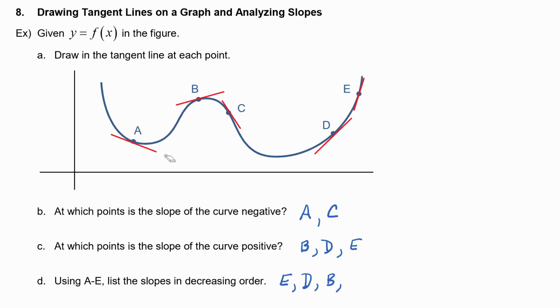Next would be A, because it's negative, but it's not as negative as C is. So C is a larger magnitude negative, so that would actually be the least of the slopes.